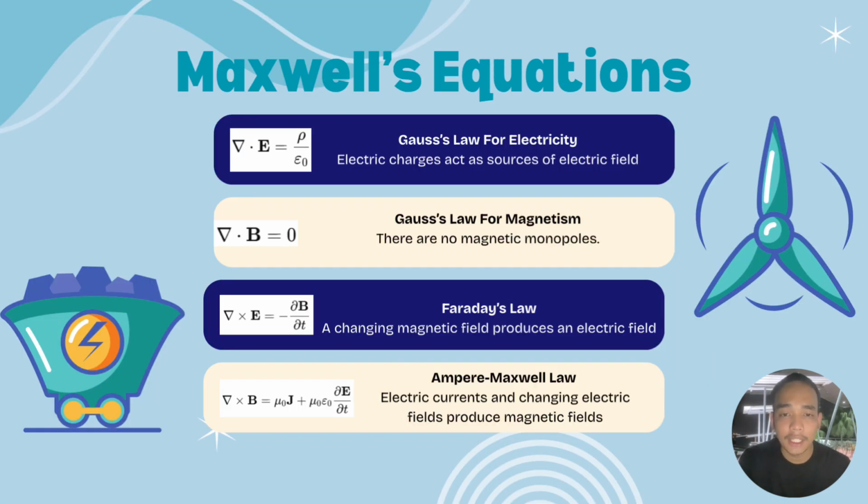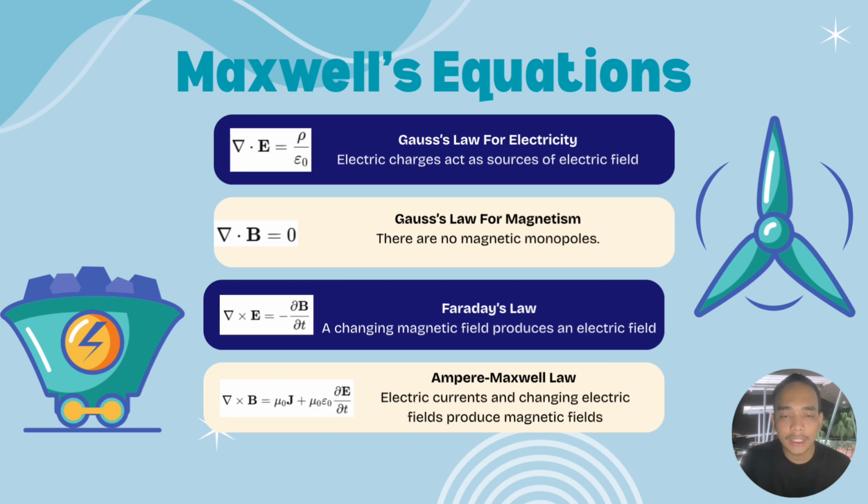Next, Maxwell's equations. Maxwell's equations combine all fundamental electromagnetic laws. First, Gauss's law, del dot E equals rho v over epsilon naught. Second, Gauss's law for magnetism, del dot B equals 0.